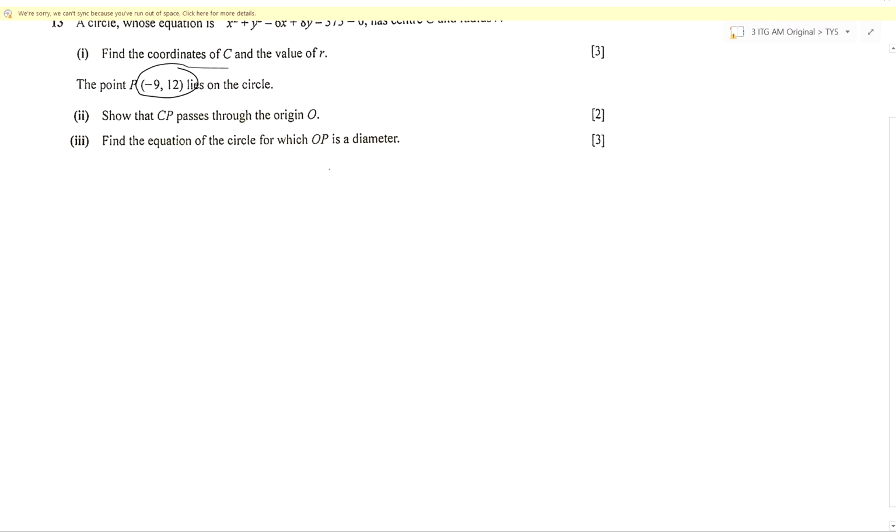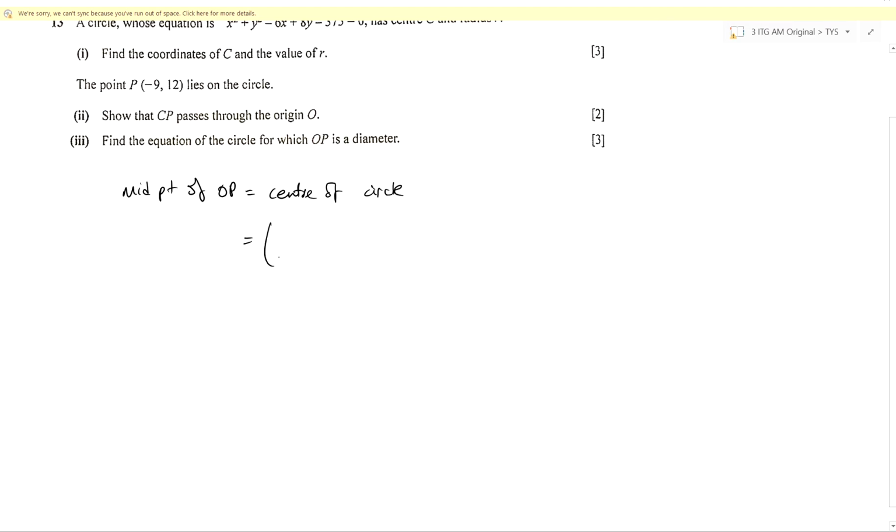The next thing that we need is the radius of the circle. So since OP is the diameter, then the length of the line segment OP, we divide it by 2, we get a radius. So that is going to be our approach. So midpoint of OP equals to center of circle.